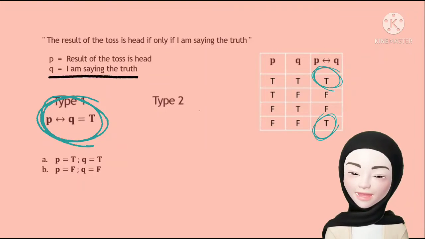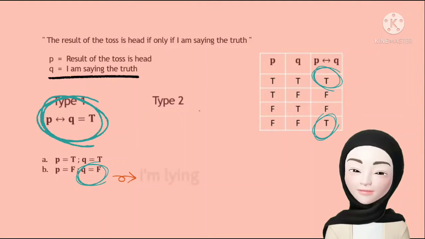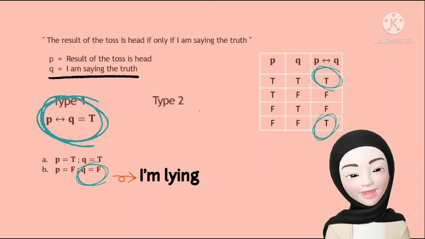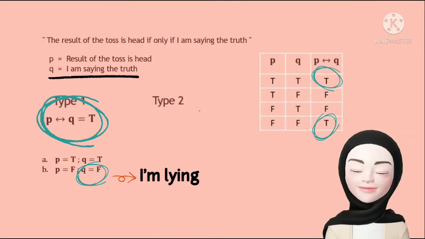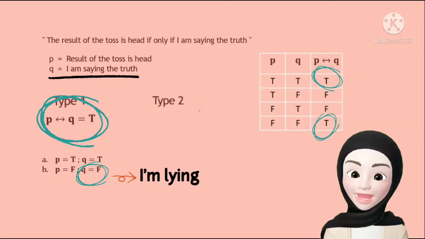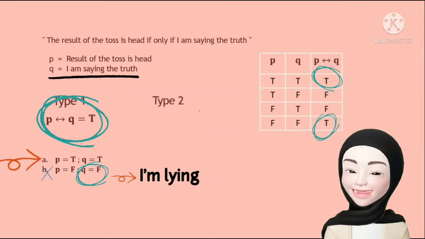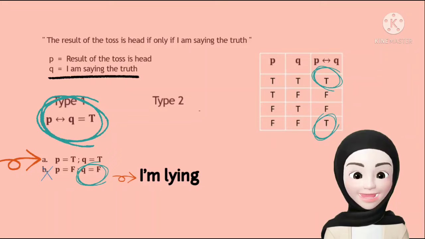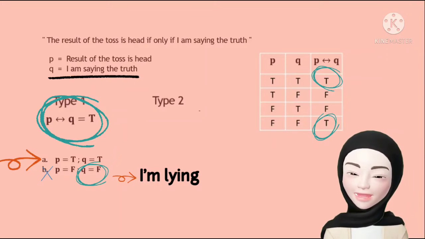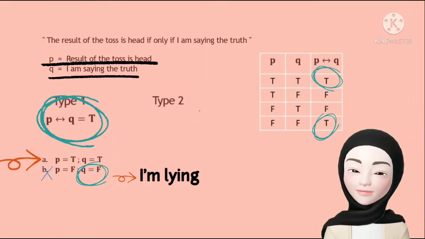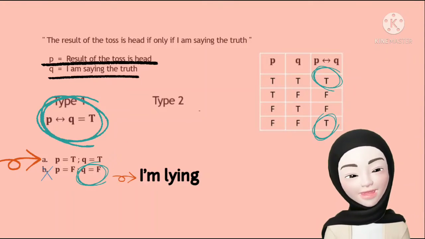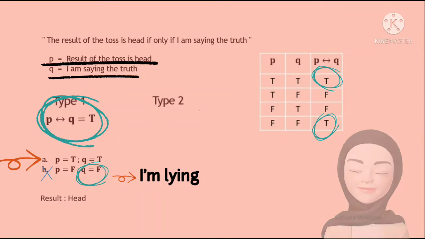As we know, Q equals I'm saying the truth. If Q is false, it means that I'm lying. Now, as we know too, type 1 people always tell the truth. So this combination is incorrect. As Q cannot be false, Q has to be true. Now, if Q is true, then P also has to be true. And then, P is true means that the result of the toss is head. So the result from the first case is head.